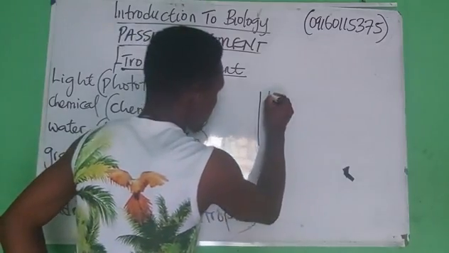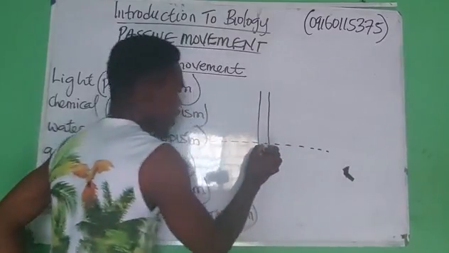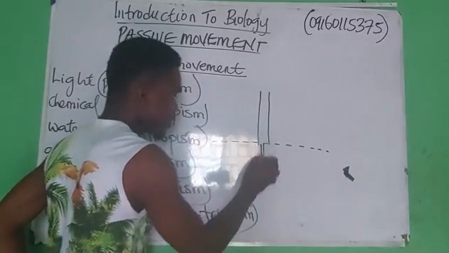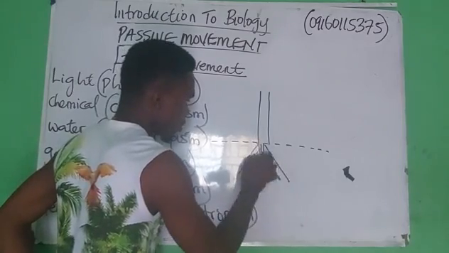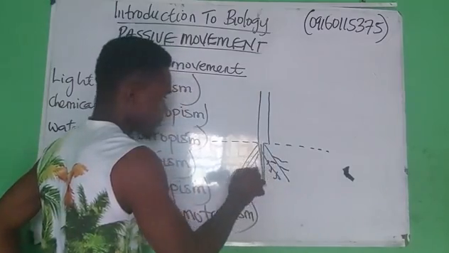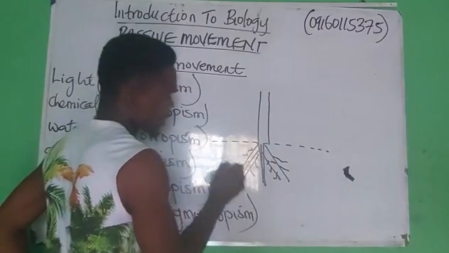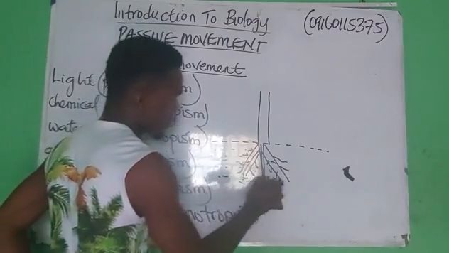Sometimes diagrams explain certain things properly. I assume this region here to be the tap root, and these are the roots. On the roots you have root hairs, and you agree with me that in this region you have water, chemicals and whatever.